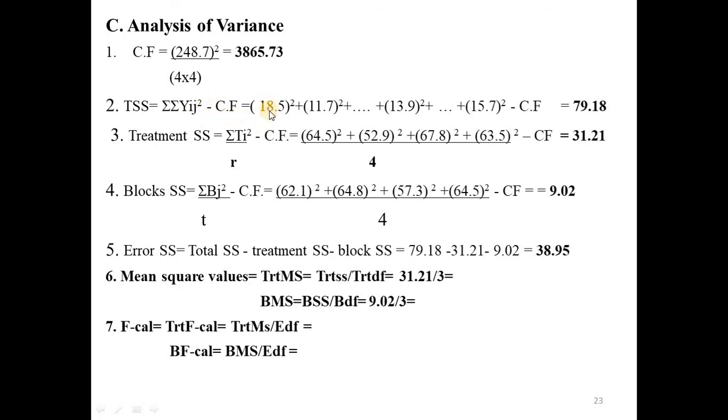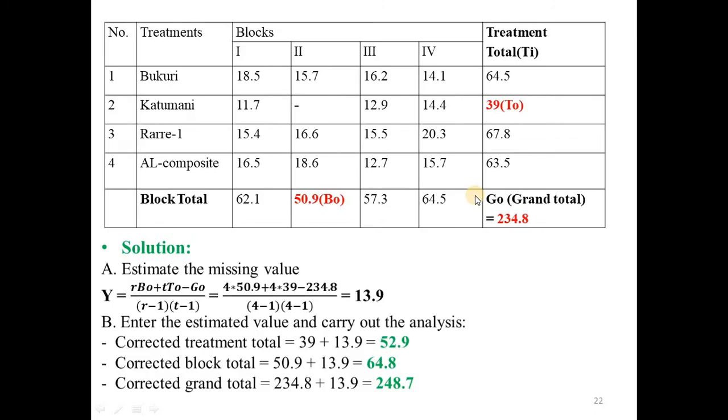So the first observation was 18.5, square this one, plus the second observation was 11.7, square this one, then 13.9 squared, and plus the last observation, which was 15.7. You can see the table.